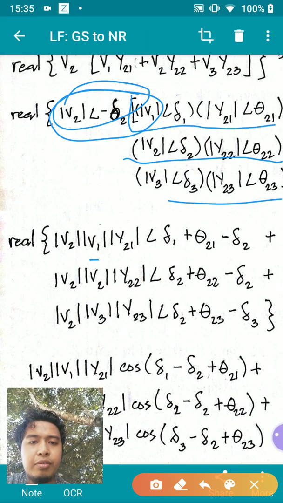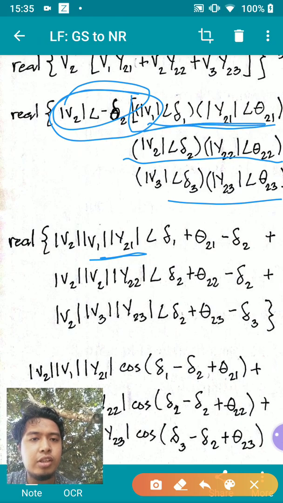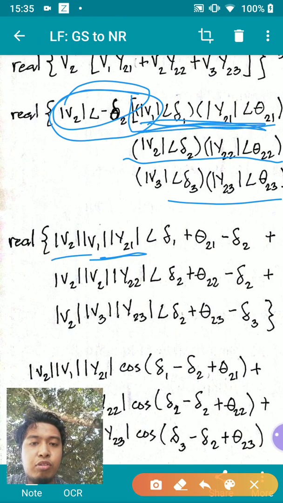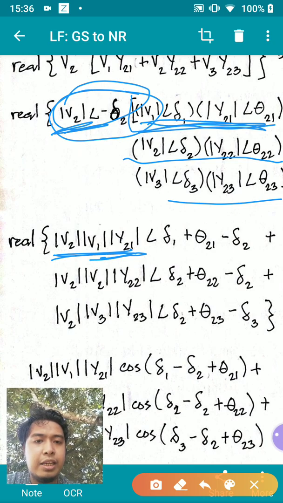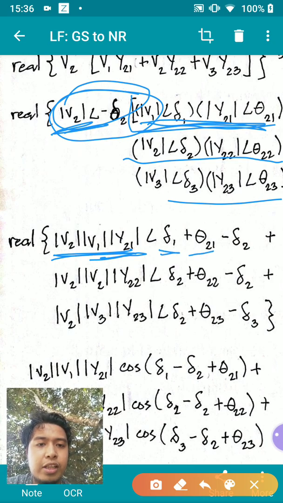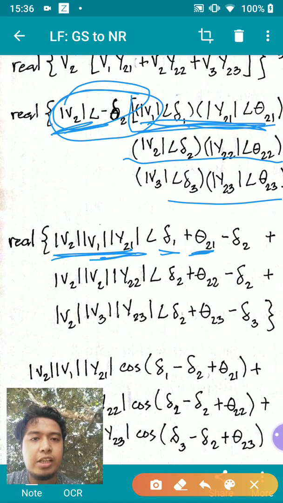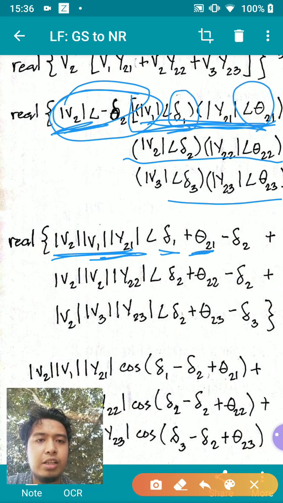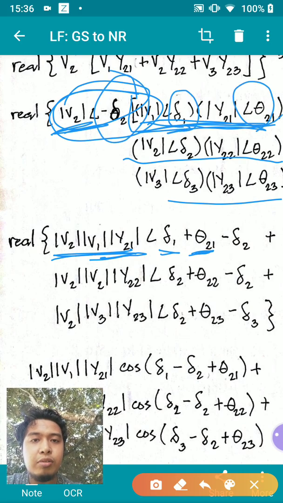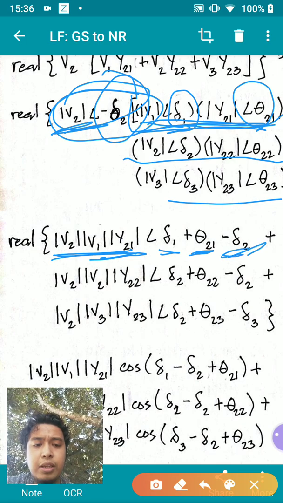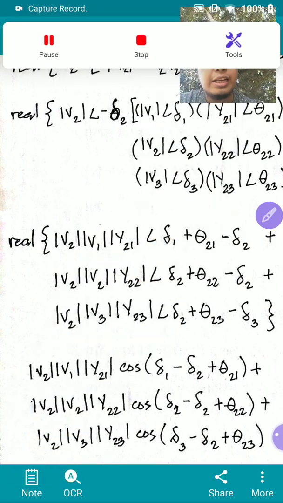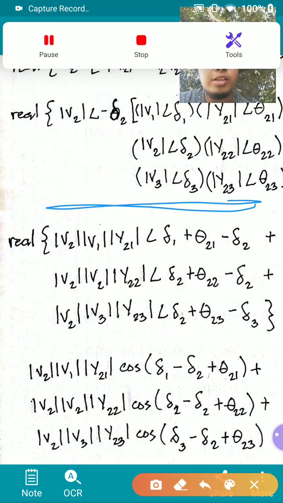Then you have a V1 Y21, that's this one, times V2 magnitude, because V2 is distributed, angle delta 1 plus theta 21, it's basically this angle plus this angle plus this angle, which is negative, so that's minus delta 2. That's basically it for all these three terms.